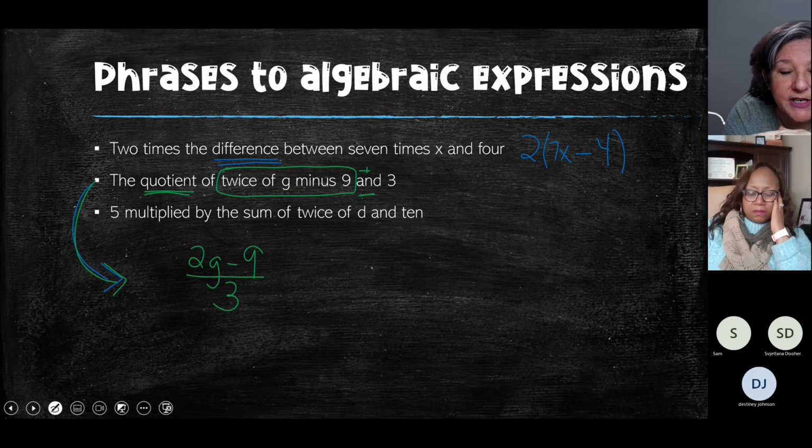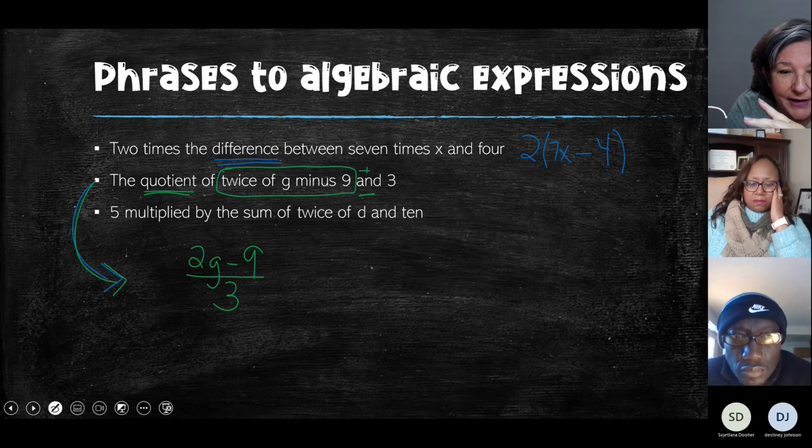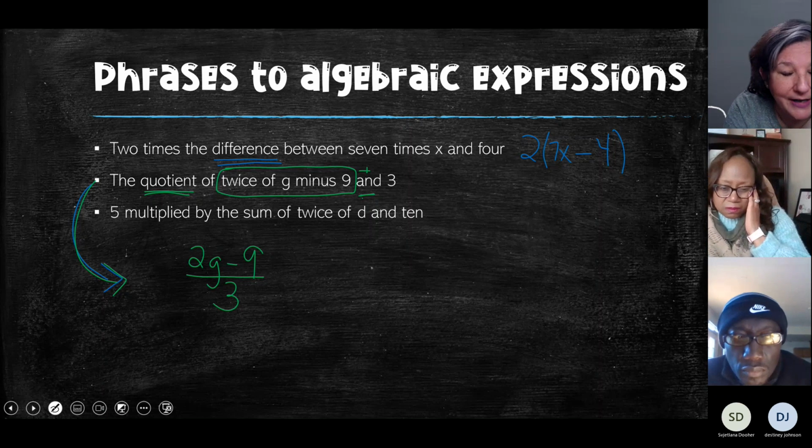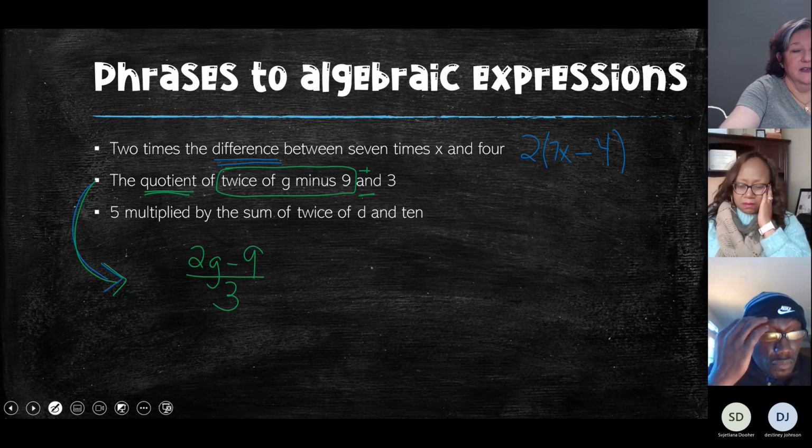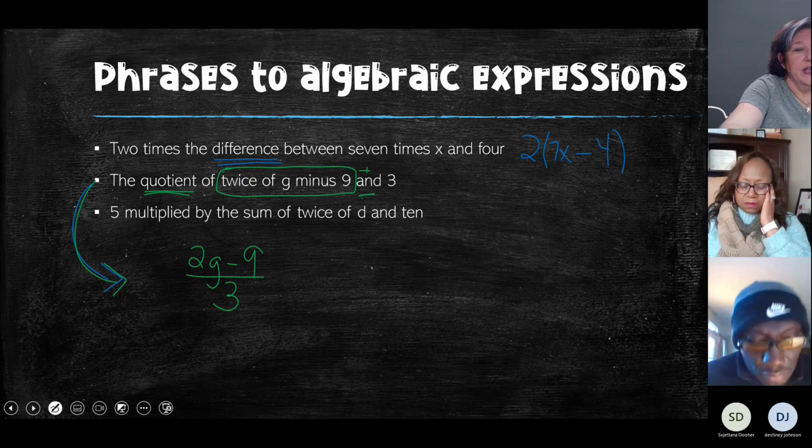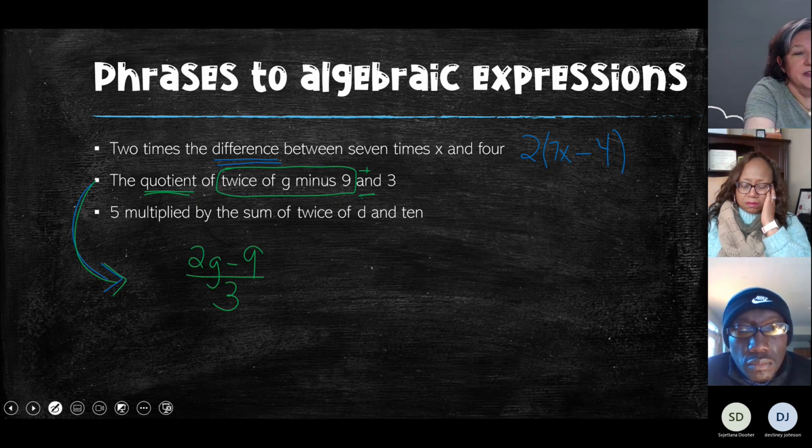I'm trying to think if there's an absolute that I can tell you about that. If you were given a word problem, they wouldn't phrase it like this. All of the bits and pieces would be part of the story. Like there would be 3 people and you would have to figure out how much each one of them did or had.